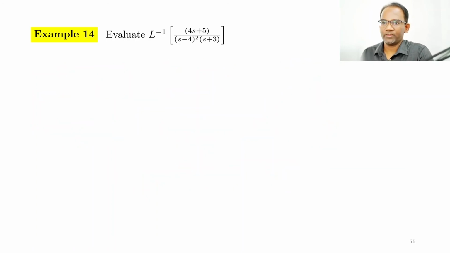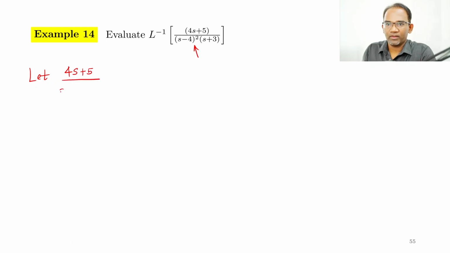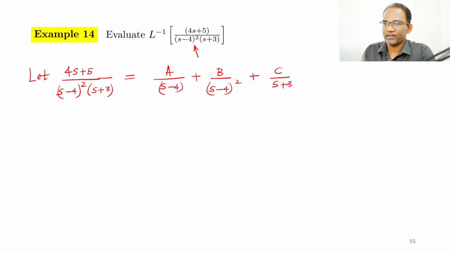Another problem, evaluate inverse Laplace transform of (4s plus 5) over (s minus 4) the whole square times (s plus 3). We can see that here the polynomial repeats twice. Therefore, we'll take (4s plus 5) over (s minus 4) the whole square times (s plus 3) as equal to a over s minus 4 plus b over (s minus 4) the whole square plus c over s plus 3.